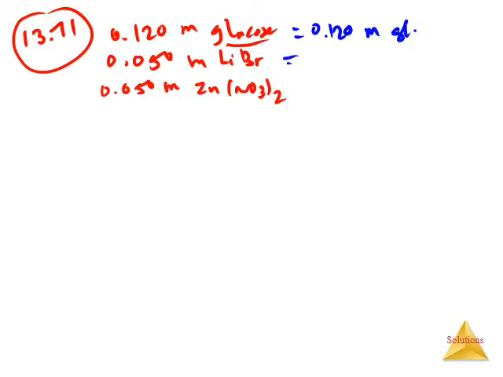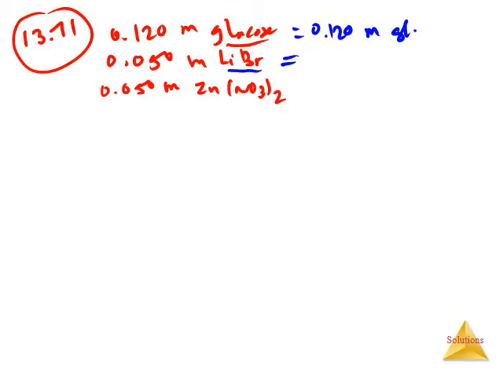Lithium bromide breaks down into lithium plus and Br minus. So you're going to get 2 particles per lithium bromide, and each of these particles would have a concentration of 0.050 molal. Think of it this way. If one lithium bromide breaks down, you get one lithium plus and one Br minus.